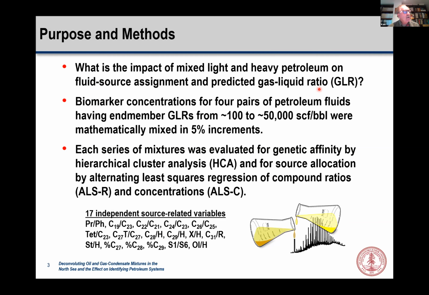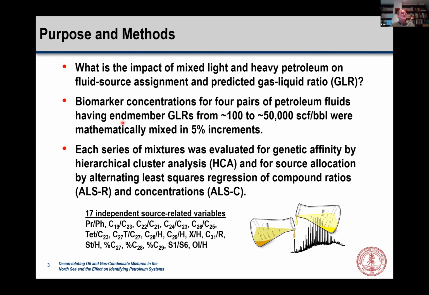So we approached this in a novel way. We actually took biomarker concentrations. These are ppm concentrations for a series of biomarkers that were easily measured, and we mixed them mathematically in 4 pairs of mixtures, binary mixtures.